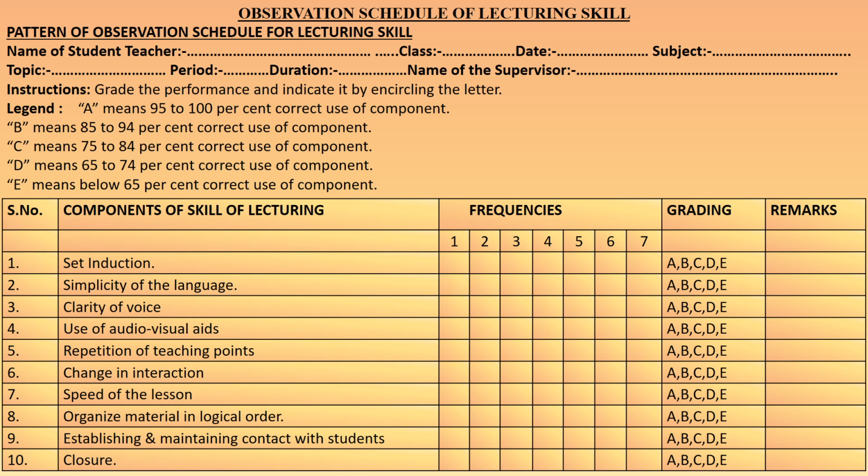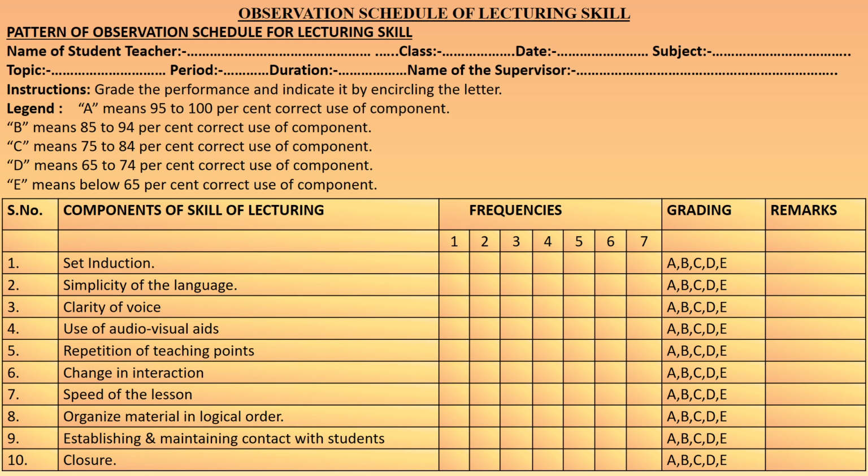The components of lecturing skill are set induction, simplicity of language, clarity of voice, use of audiovisual aids, repetition of teaching points, change in interaction, speed of the lesson, organize material in logical order, establishing and maintaining contact with students, and closure.